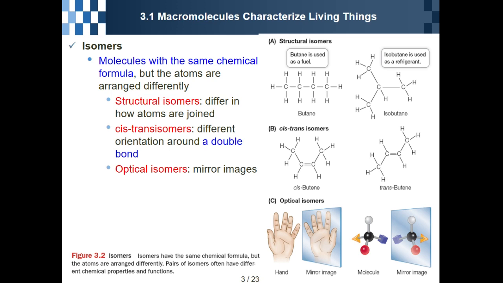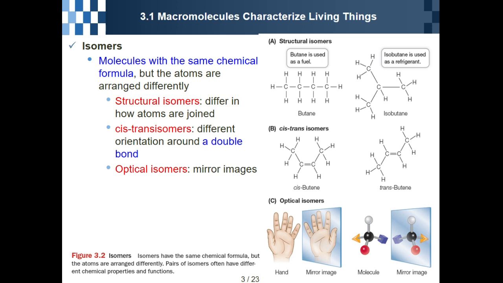So cis-trans isomer means different orientation around the double bond. This case is recorded as cis, and this case is recorded as trans.